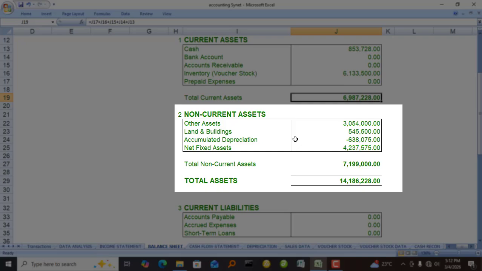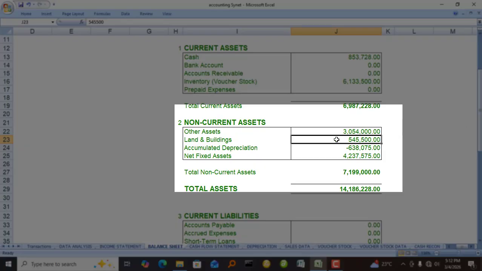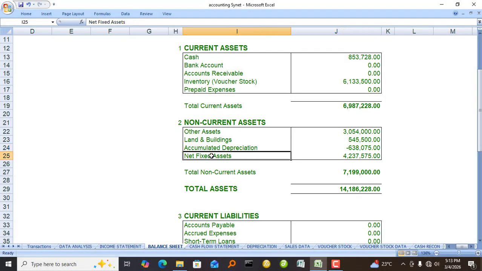You consider them to last more than a year. That's their value. You have other assets here. This is where the routers, MikroTiks, all that, access points go. Land and buildings, this is where the poles go if you make poles or fixtures. Then the depreciation comes in again, and then you have the net fixed assets here.